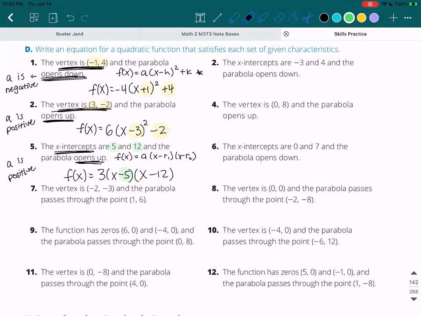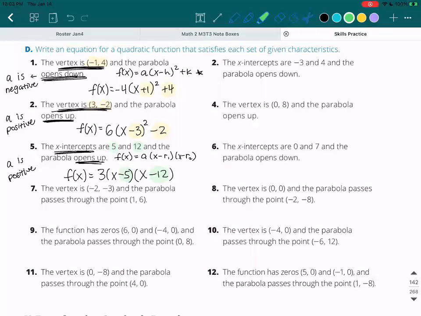Yeah, -12. Good. Oops, that was the wrong color I highlighted it in, but it's okay. I'll just keep it as green. There we go. So 3(x - 5)(x - 12). Any questions about those? Or that one?